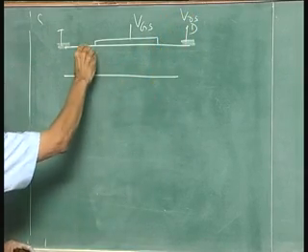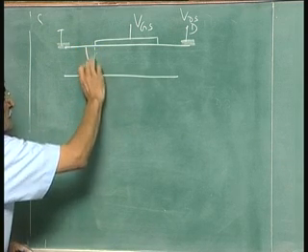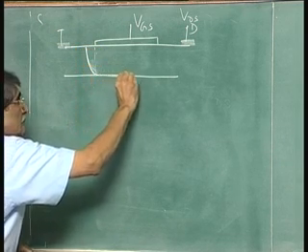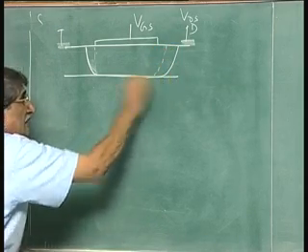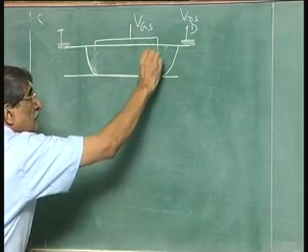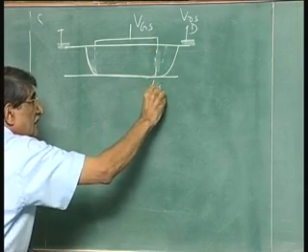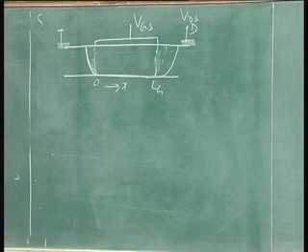So, at threshold we had this behavior, corresponding to that it has pinched off. That is, if VDS equals 0, now it is like that. So, what we are seeing is between this point LG and this point 0, that is x, that is what we wrote.